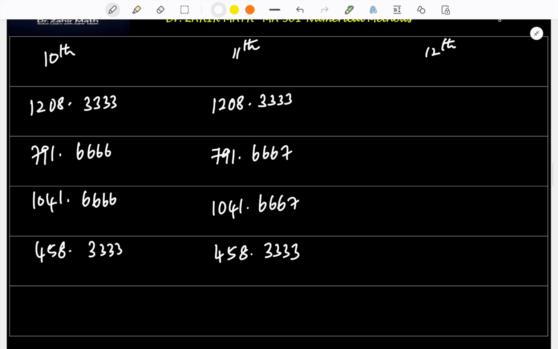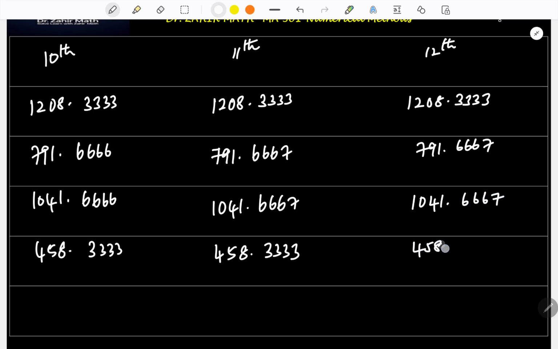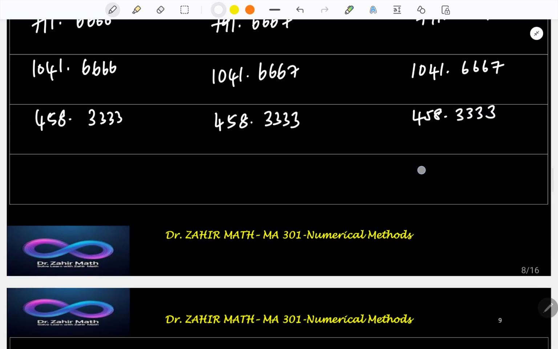Let me go for the 12th iteration. So it is 1208.333, matching. Wow. 791.6667 matching. Wow. 1041.6667 matching. 458.3333. So it's matching in the 12th iteration.